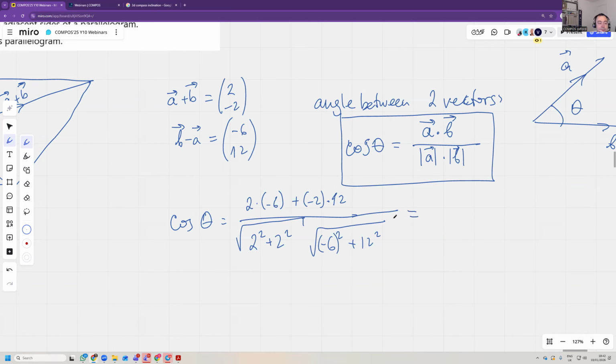Which is -12 minus 24, so -36, divided by root 8 multiplied by the square root of 36 plus 144, which is 6 root 5. Okay, that makes sense.